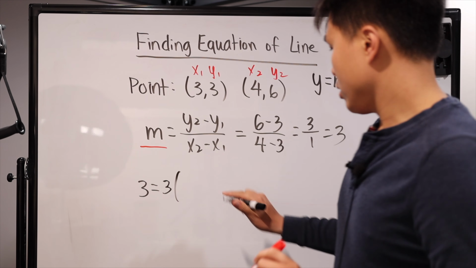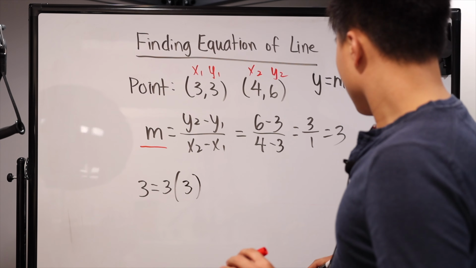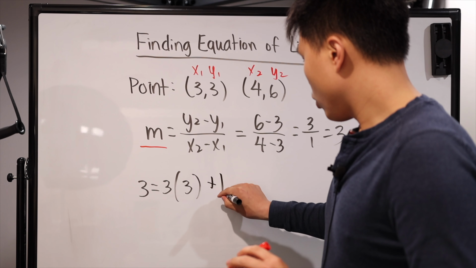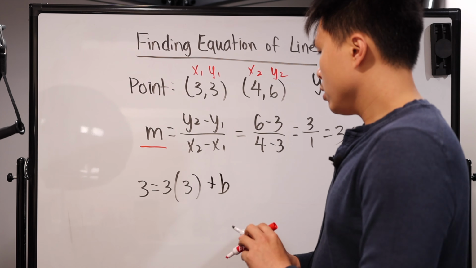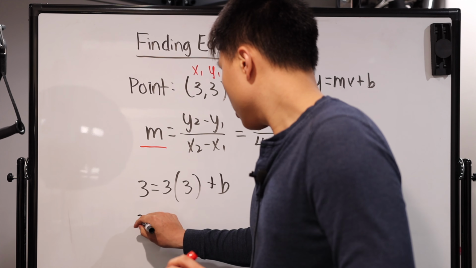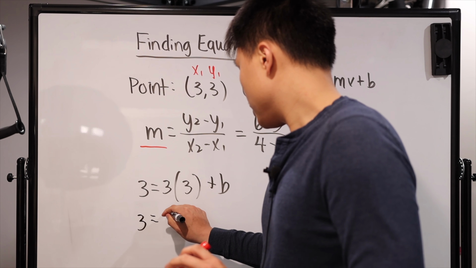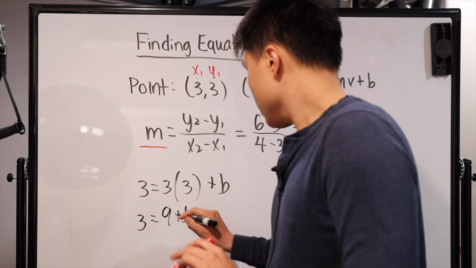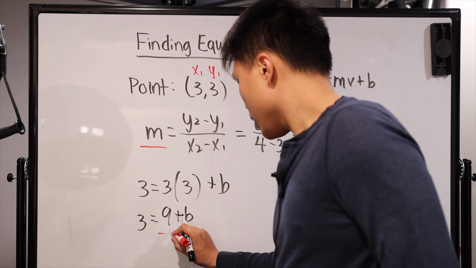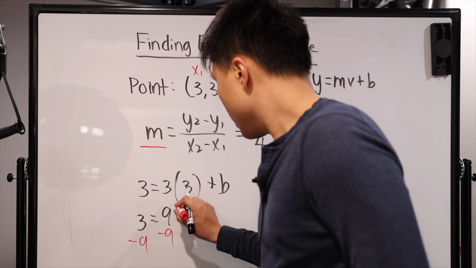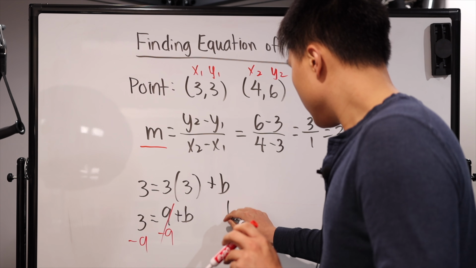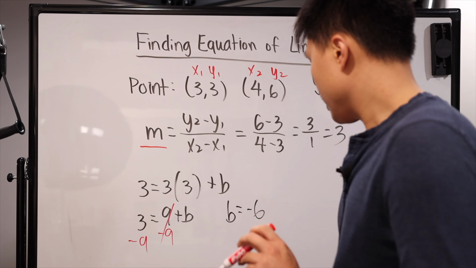X is 3 as well. That's a lot of 3's. And then it's going to be plus b. B is what we're trying to solve. Okay, so in that case, that's just going to be 3 equals 3 times 3 is 9 plus b. All right, I want b by itself, so I'm going to subtract 9 on both sides. This goes away. B is now negative 6.